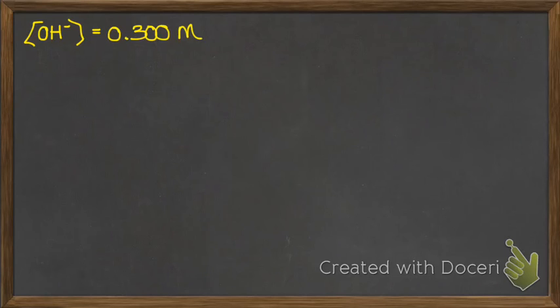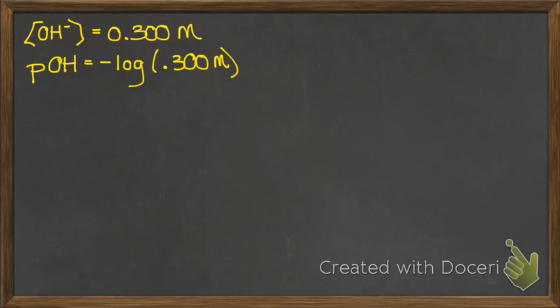I personally think the easiest thing to do next would be to solve for the pOH, which is negative log of that molarity. I don't have to do the second log in this one because I'm just typing it in straight. Negative, hit the log button of 0.3, enter, and this is what I get for the pOH.